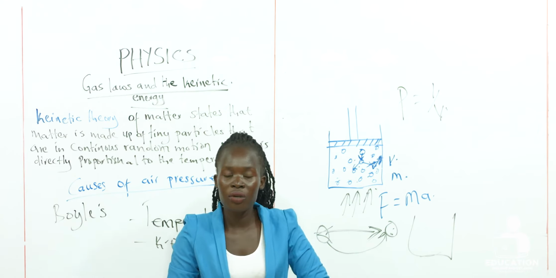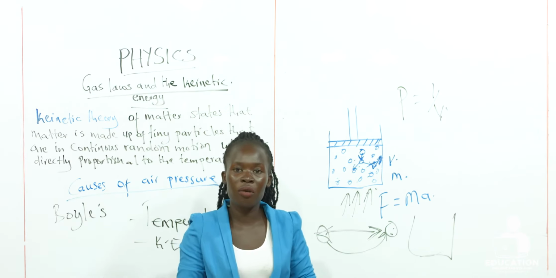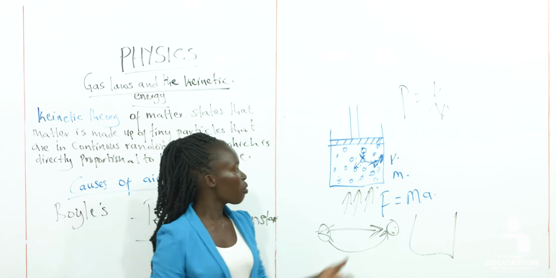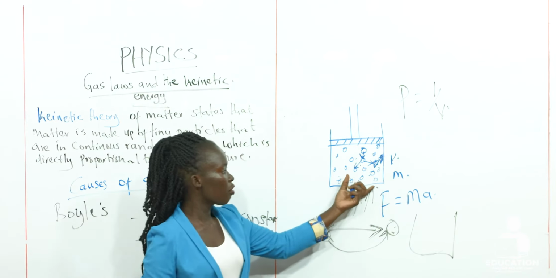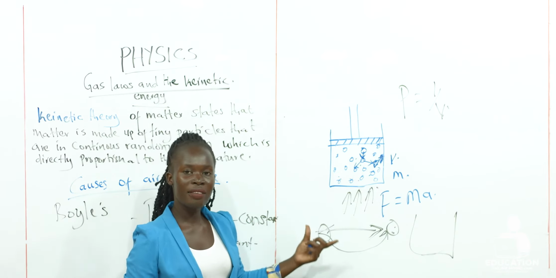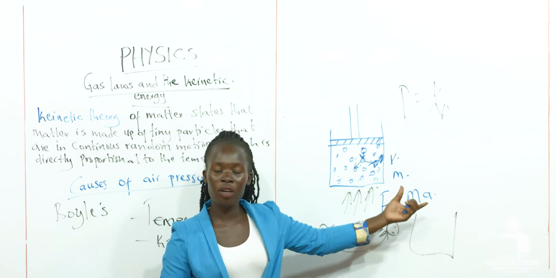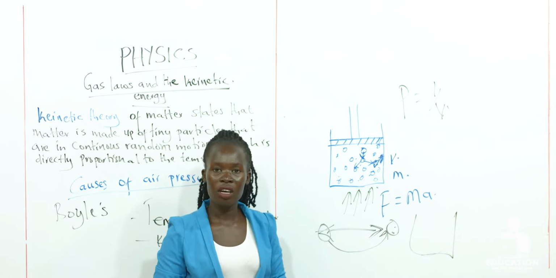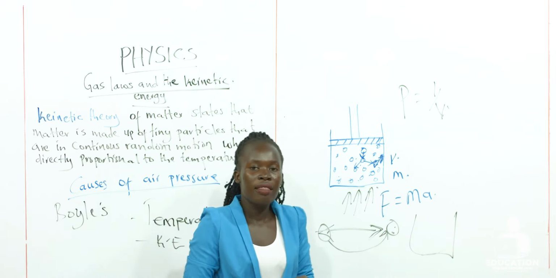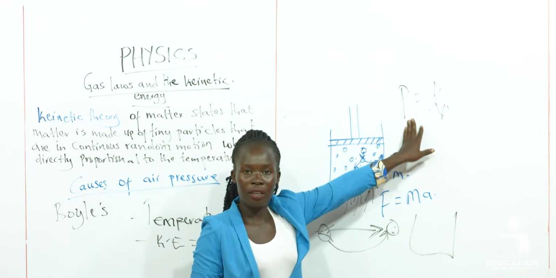Pressure is reduced, because pressure arises from their collisions. What if you reduce the volume? Reducing the volume means there will be more collisions between the molecules of the gas, so there will be an increase in the pressure.